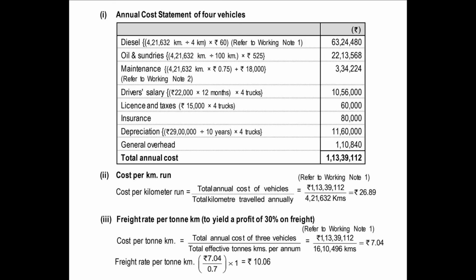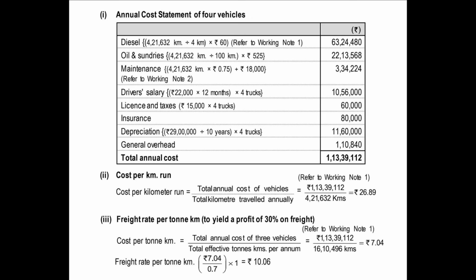Total annual cost of vehicles, we have already calculated, 1,13,39,112. Kilometers travelled, we have already worked out, 4,21,632. Divide the cost by kilometers, then you will get the cost per kilometer run. That means rupees 26.89. This is the answer for the second part of the question.